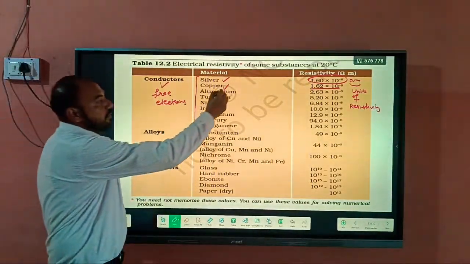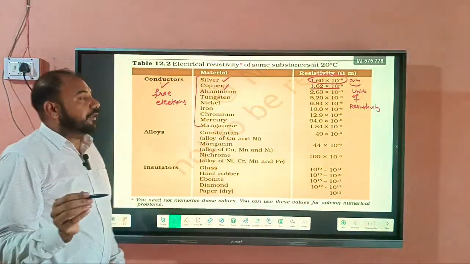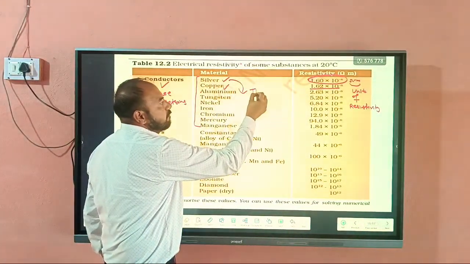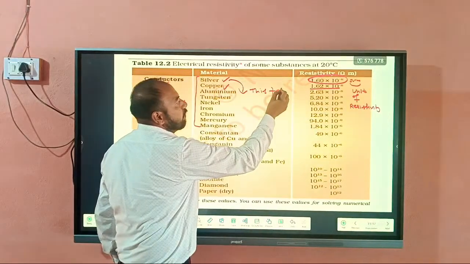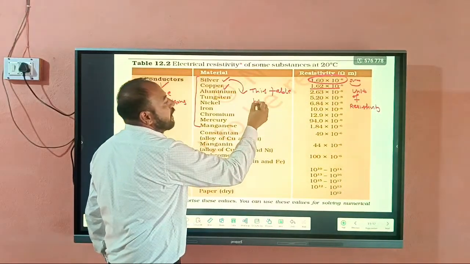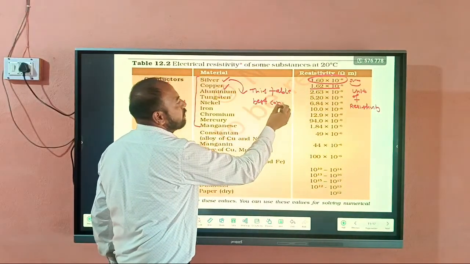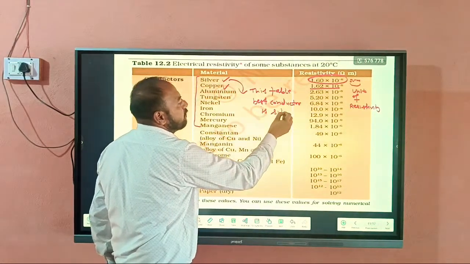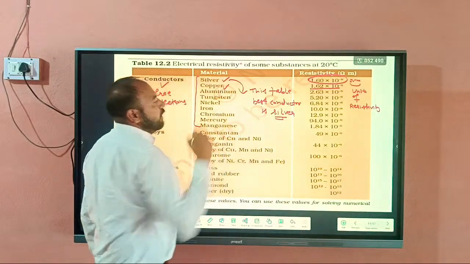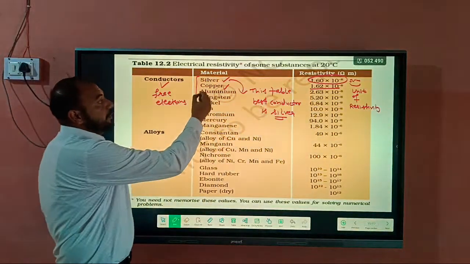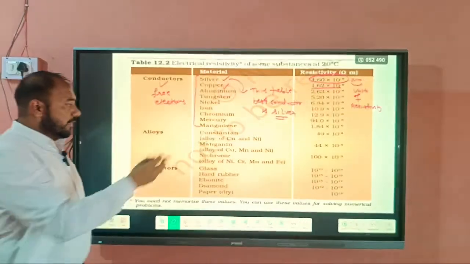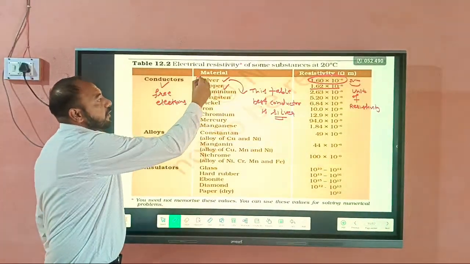So from this table, we find that the best conductor is silver. After that next is copper, aluminum, etc. These are the metals, but the best conductor is silver.